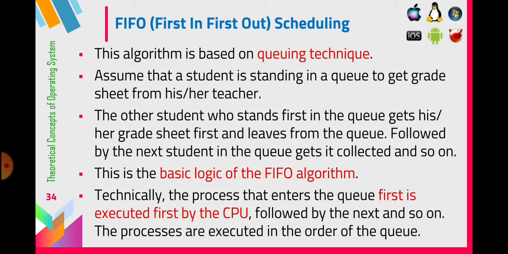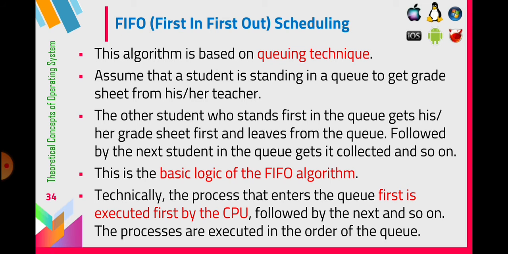In whichever order the students are standing, in the same order they get their rank. If the teacher asks all of you to stand and submit your notes for correction, how are the students submitting their notes?